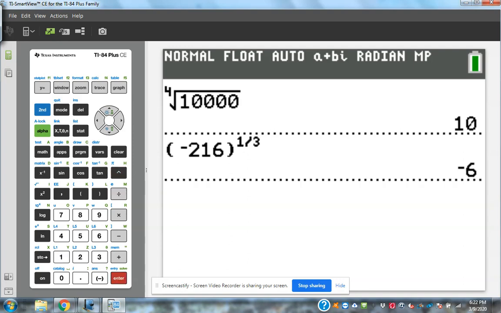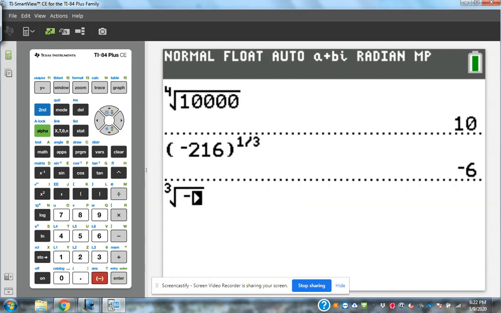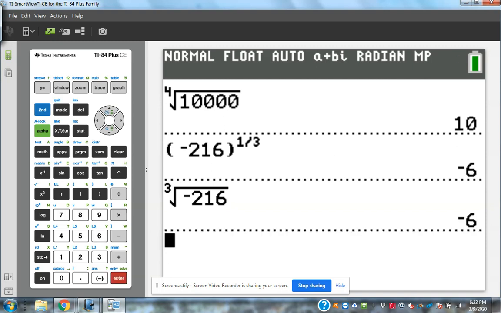The calculator cranks out that answer. You could hit math and then the fourth option and then put in the negative 216 and it gives you that same result. Those mean the same things. So being able to bounce back and forth between those two things is fairly important.